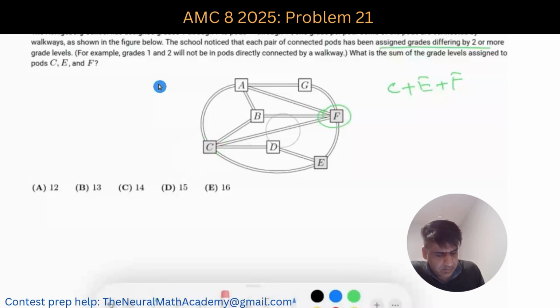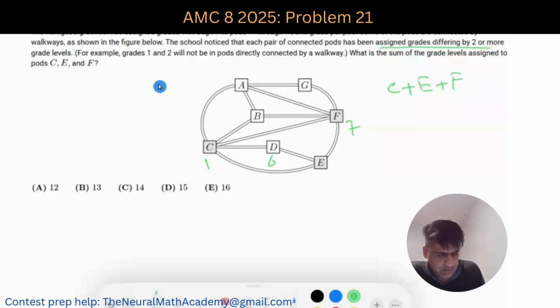So that means either C should take 1 or 7, and also then F should take either 1 or 7, because they are connected to 5 other pods, and we have to assign the values so that they differ by 2.